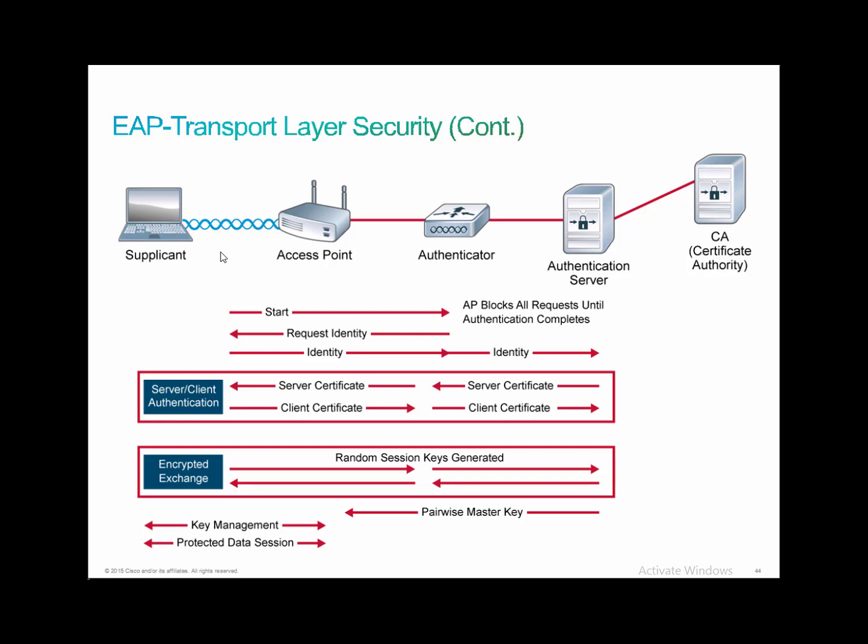The authentication server sends that master key to the AP if it's an autonomous access point, or to the controller if it's a lightweight access point. And then that's used to secure the connection. The encryption then occurs between the client and the AP, or the client and the controller. The data gets passed back to the controller.